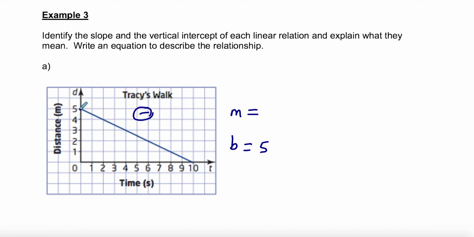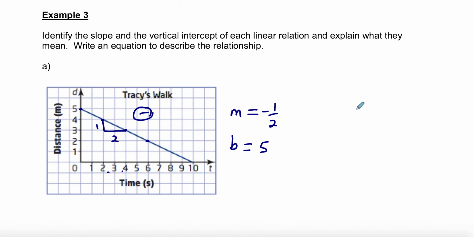And let's pick some clear points. That's a good point. This is a good point. You have lots of points to choose from to do rise over run. So if we do rise over run, we just double check that these squares are actually worth 1 unit, and they are. So this is -1 over 2 would be our slope, rise over run.